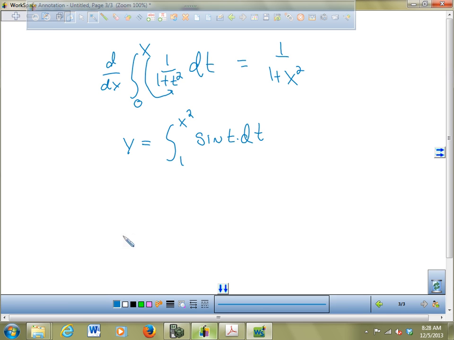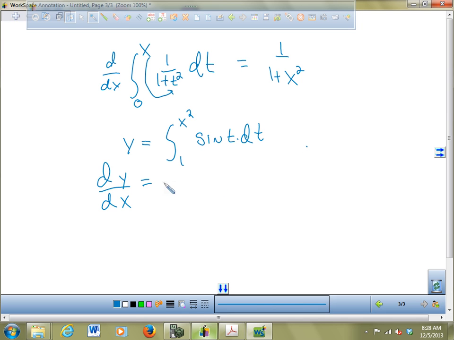What would I get? Sine of x squared. 2 sine x. Very close. Almost. 2x sine 2x? Not sine 2x. If they say find dy dx, not find the integral, but find dy dx, it's not equal to sine.